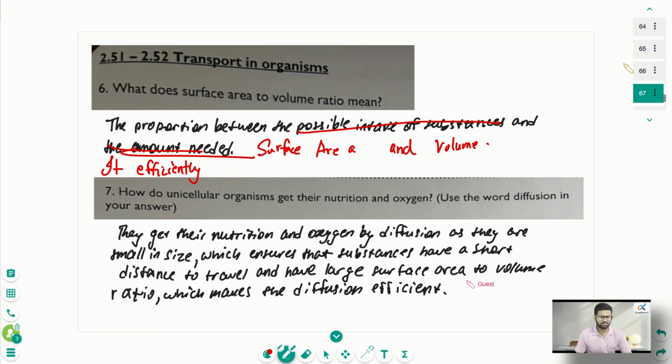And could you say how well the diffusion can perform in the organism? No. What you can say is that it determines how efficiently a substance can undergo diffusion.